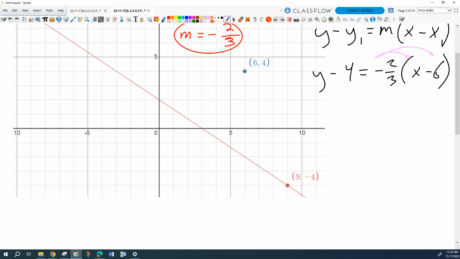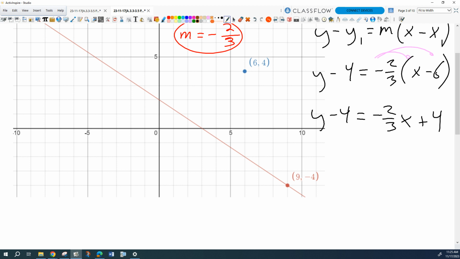And that's going to give me y minus 4 equals negative 2/3 x. Negative times negative is positive. What is 2/3 of 6? 4, isn't it? Yeah. Okay. I could multiply 2/3 times 6/1 and go through the math if I wanted to, but you can kind of think about that one, right?